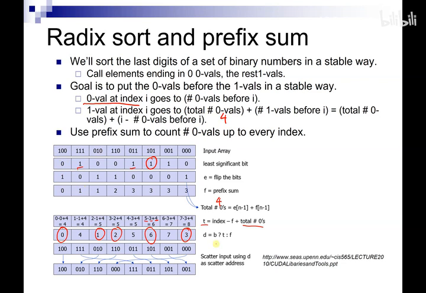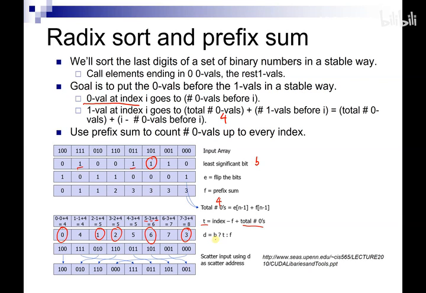And so that's what this thing is doing over here. It's saying that if the bit here is equal to 1, then, so this B is referring to this array over here.